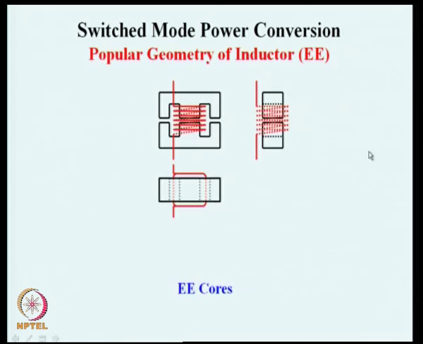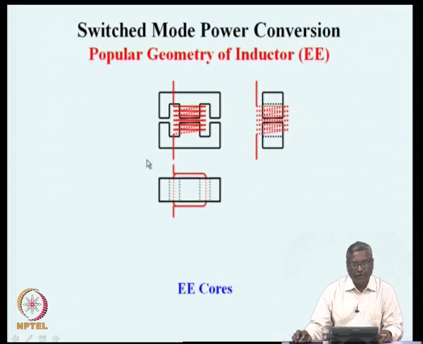whether it is a toroidal shape or a U shape or an E shape, all those become immaterial. So, normally what we try to do is use popular geometries of inductors which are manufactured by several companies and are available in the market in different sizes. One of the popular geometries is what is known as the E core. There is one E and another E, both stacked one against the other, and in the space in between the coil is wound.